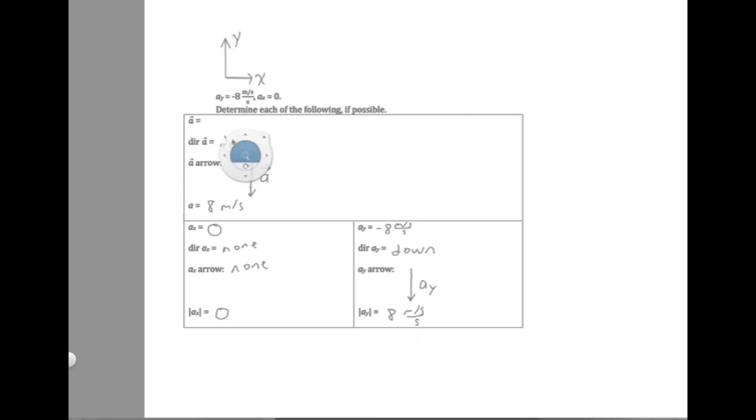Now, one tricky part is, even though this is kind of the same as the component, we don't want to say this is -8, because we don't use a sign to represent the direction of the overall vector. Instead, we specify it with a magnitude, which is 8 meters per second.